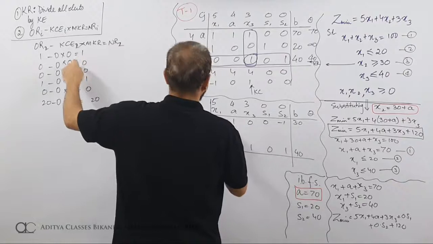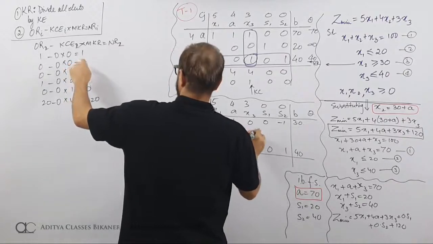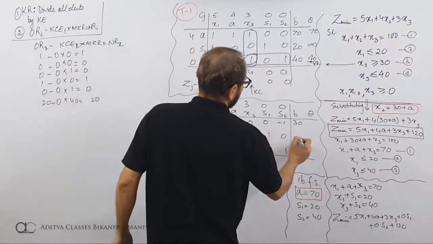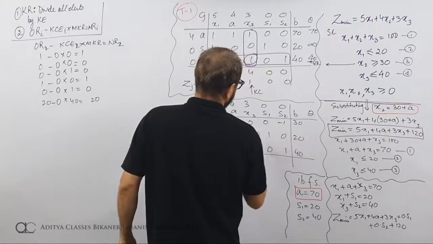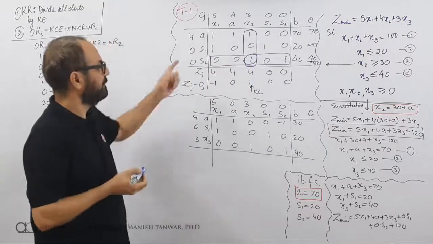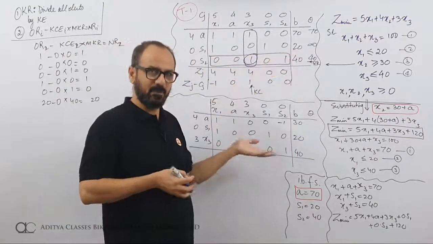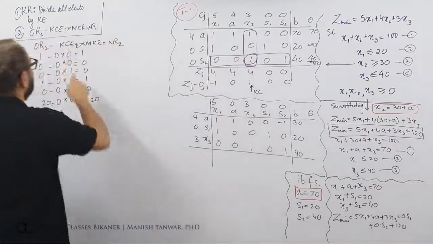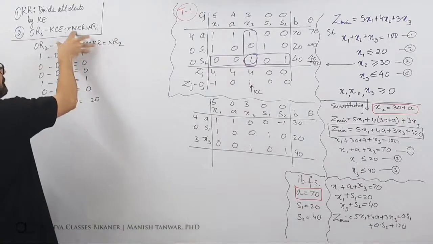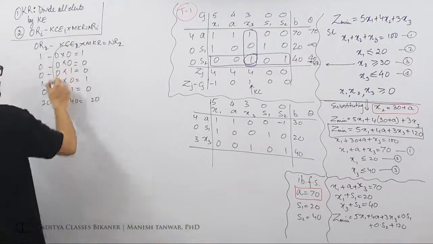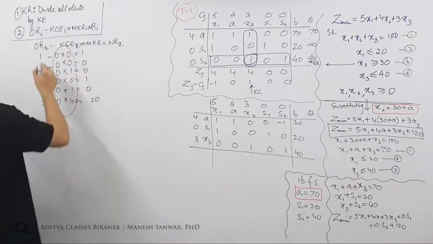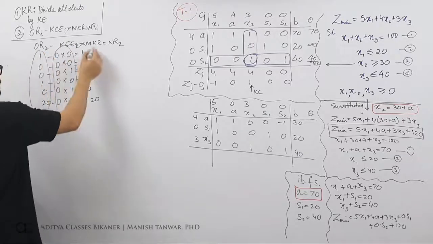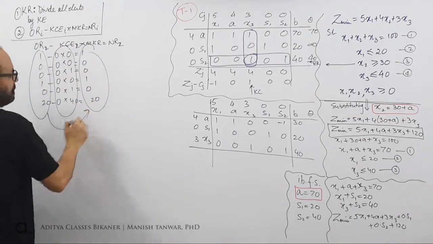I get 1 0 0 1 0 and 20. If you see, we get the same row once again. Why are we getting the same row? Because the key column element is 0, thereby making this term completely irrelevant because everything is multiplied by 0. So old row is equal to new row.